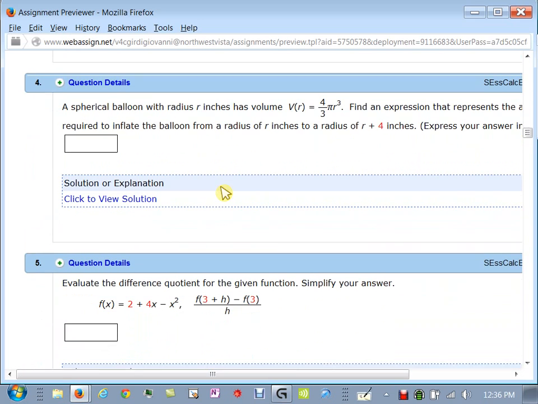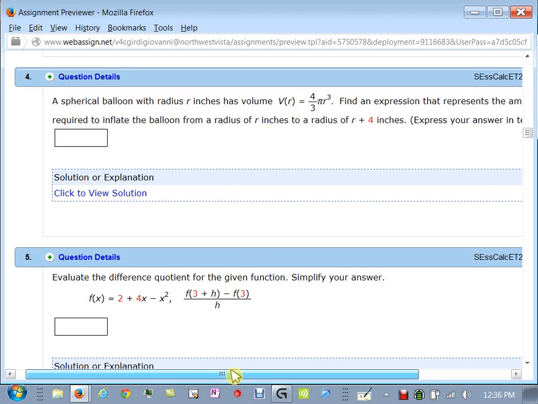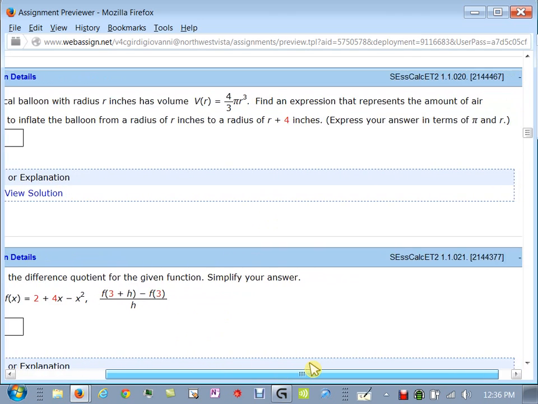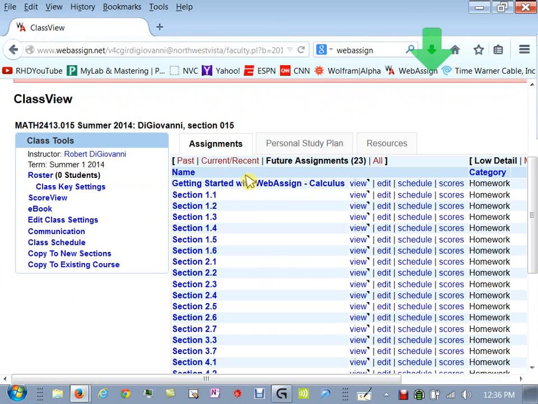Got all that, domain, range. All right, a spherical balloon with radius r inches has a volume given. Find the expression that represents the amount of air required to inflate the balloon from a radius of r inches to a radius of r plus 4 inches. So we're just going to look at the answer here. It's a little easier.